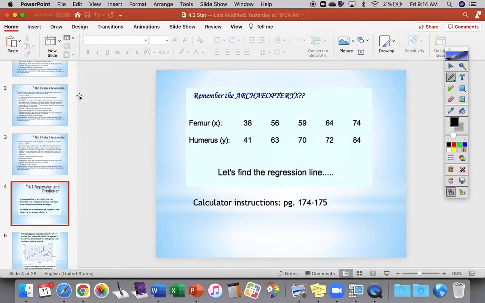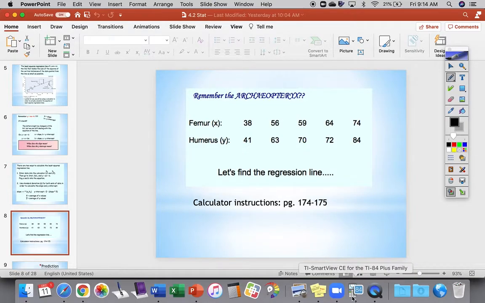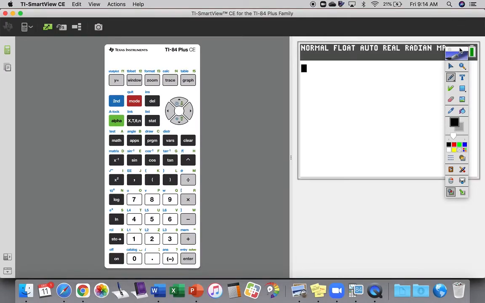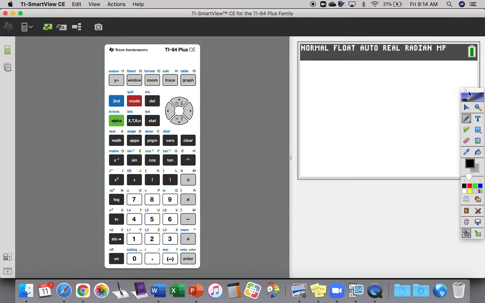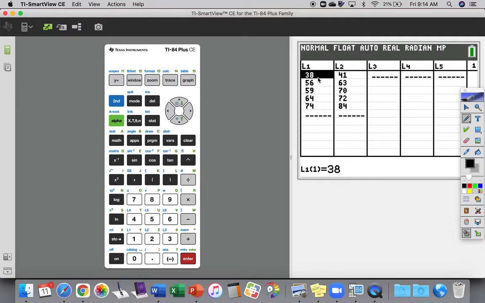We are going to use the calculator in order to find the line of best fit and our correlation. Just a reminder, you turn on your calculator. If you have to use your phone app, the Graphing Calc 83 will do the same thing. You press stat, you press edit, you put in your x's in list 1 and your y's in list 2.